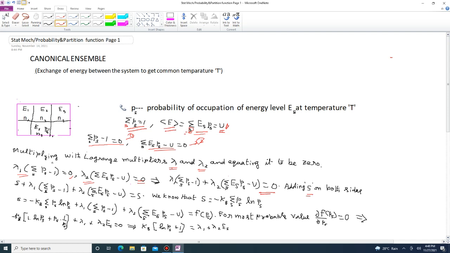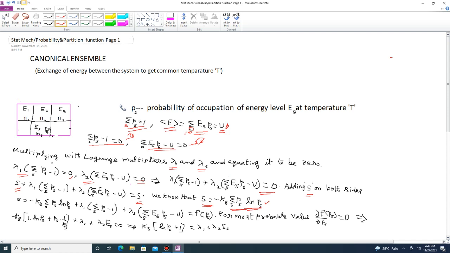Now let us add S on both sides. S is the entropy. If you add S on both sides in the above equation, S is on the left side and also on the right side. But we already derived the equation for the entropy: S is equal to minus kB, the Boltzmann constant, times the summation over S of Ps logarithm of Ps. We have already derived this expression.